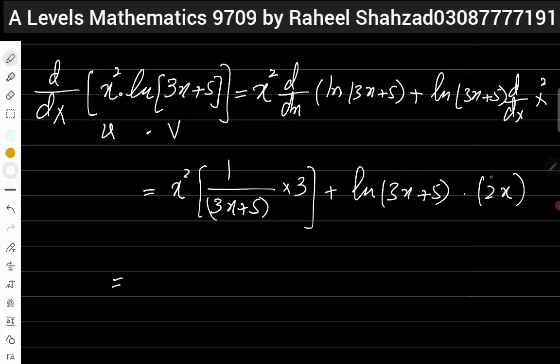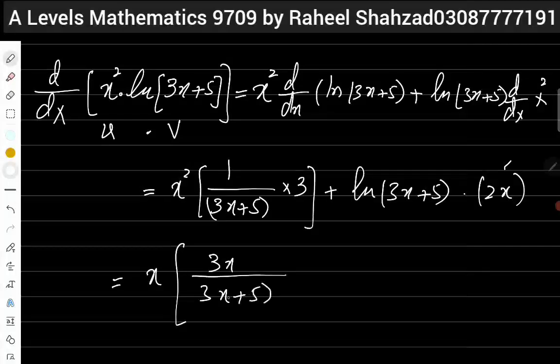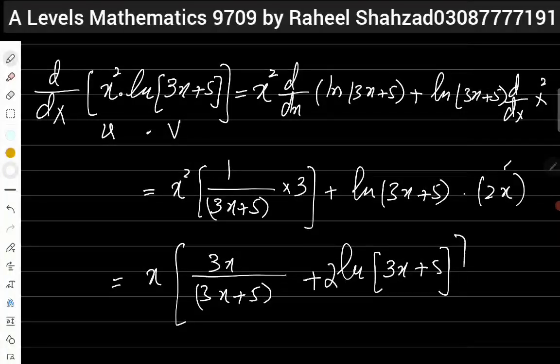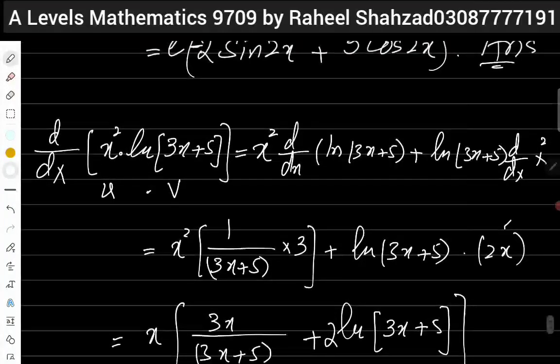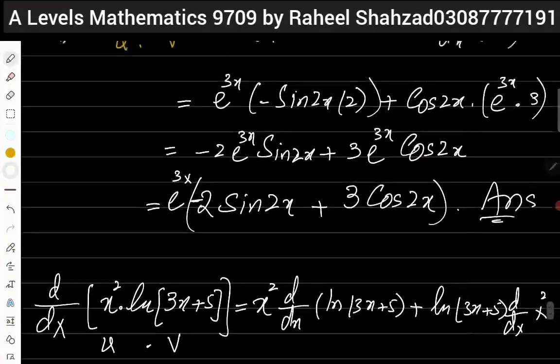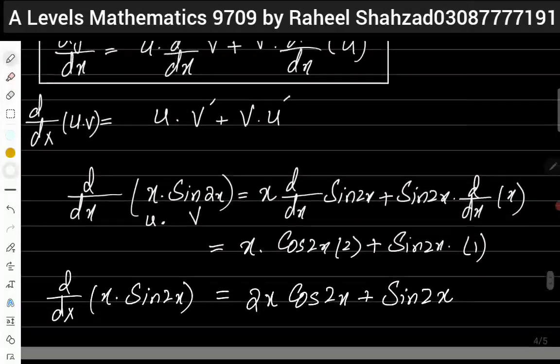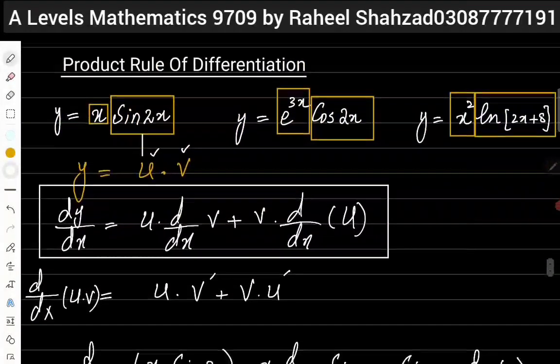Now we can take x common, and what remains is 3x divided by (3x + 5) plus 2 ln(3x + 5). So this is the product rule applied to x² ln(3x + 5). Is that clear? This is the product rule.